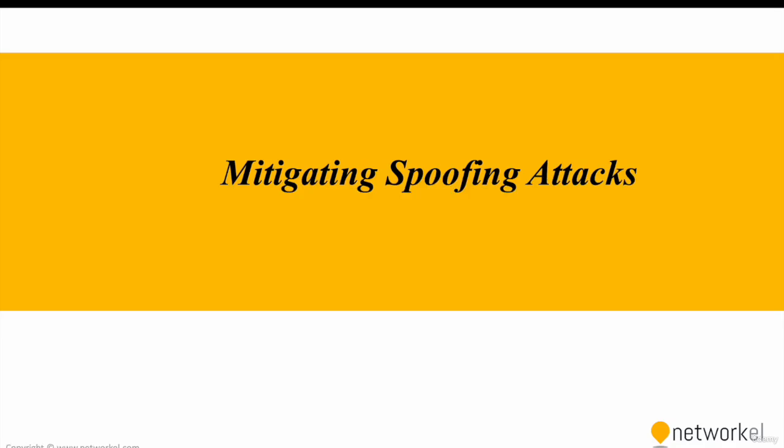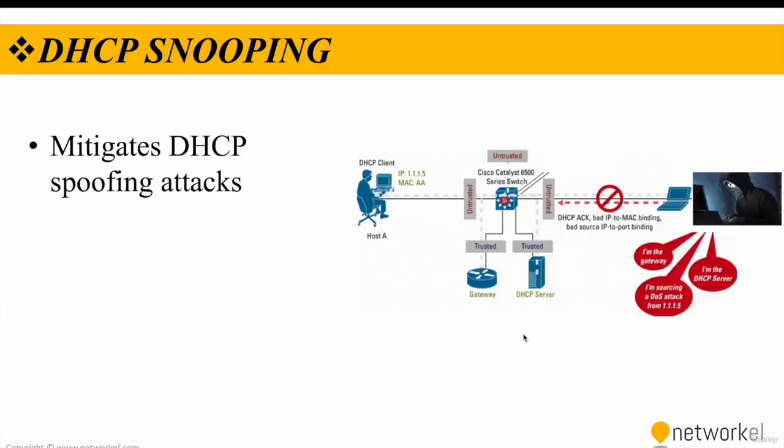In this video, we will talk about mitigating these spoofing attacks. DHCP snooping is a network security feature used on managed switches to protect against unauthorized or malicious DHCP servers and to prevent various DHCP-related attacks such as DHCP spoofing or DHCP starvation.